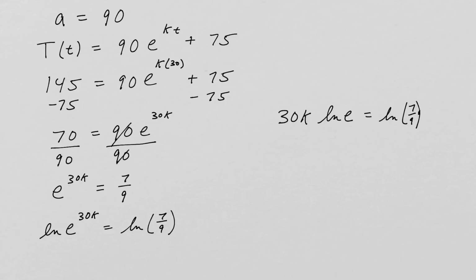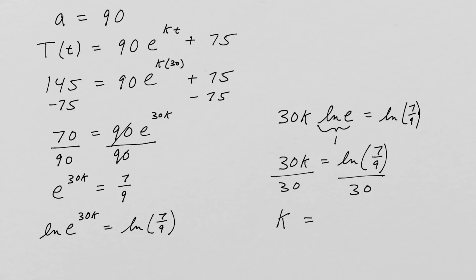Natural log of e is equal to 1. So this is saying 30k is equal to natural log of 7/9. Now if I divide both sides by 30, I'll have my k. So k equals, you do that in a calculator, and you're going to find it's around negative 0.008377.